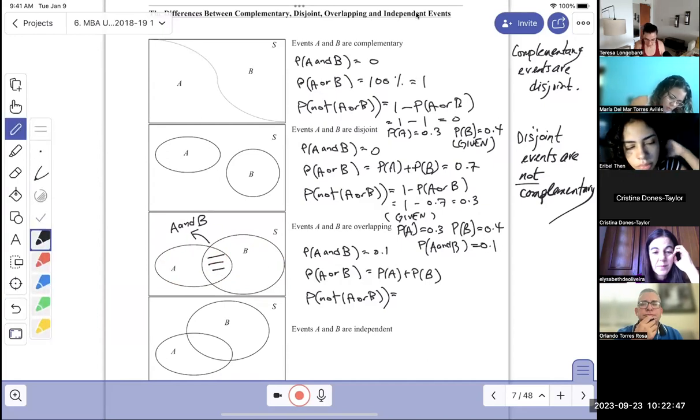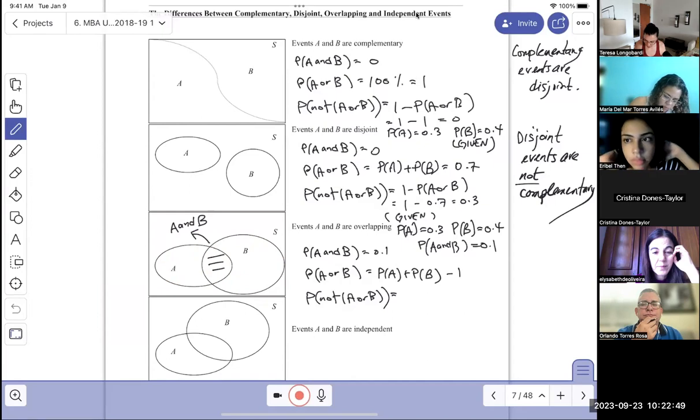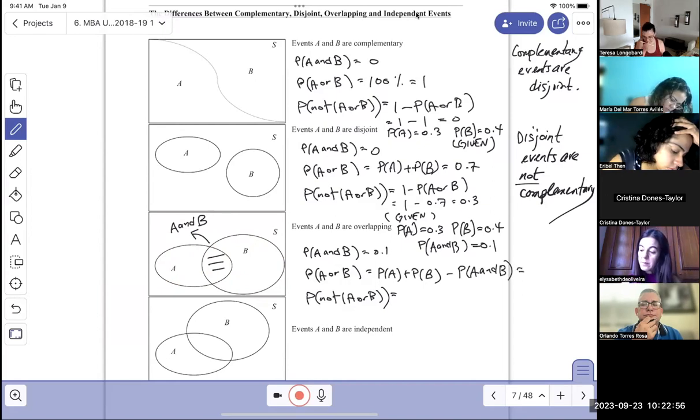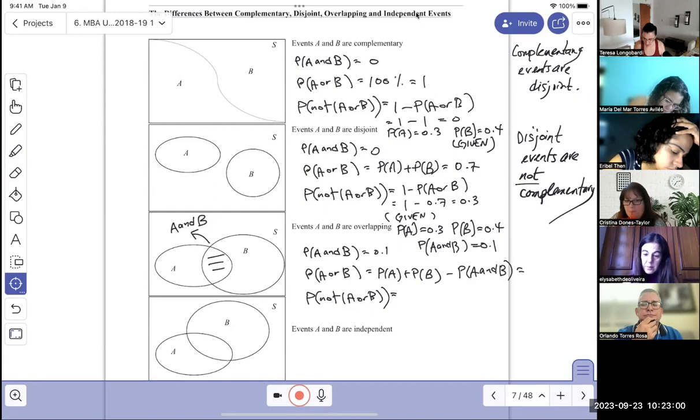So I have to add them together and remove the overlapping piece to get the right answer. So it's 30, 40, and then minus 10 is 60. So you're right.